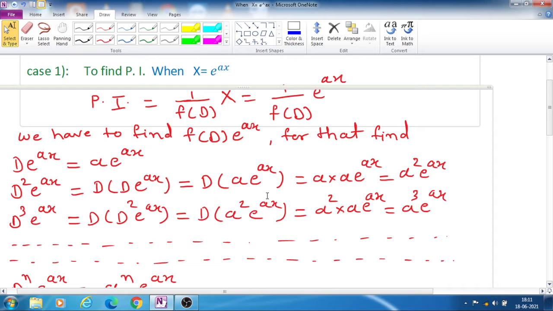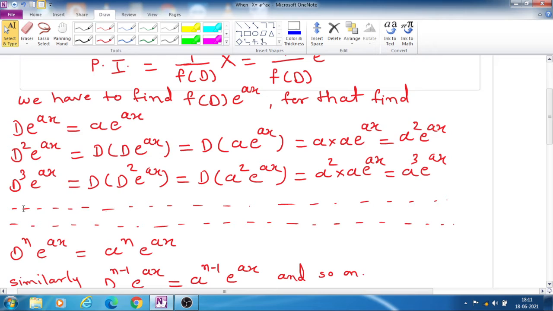So we put into bracket a into e raised to ax. Now D of a into e raised to ax means d by dx of a into e raised to ax. Here a is constant, therefore a into the derivative of e raised to ax is again a into e raised to ax. Now this a into a becomes a square, therefore this is a square e raised to ax.